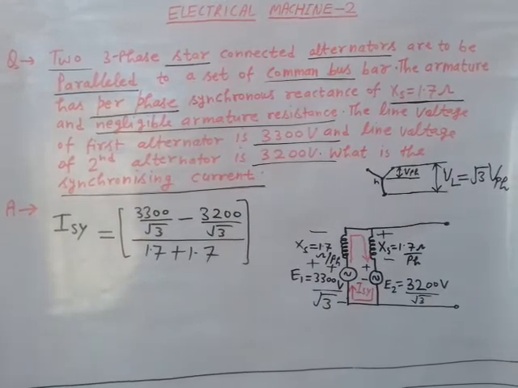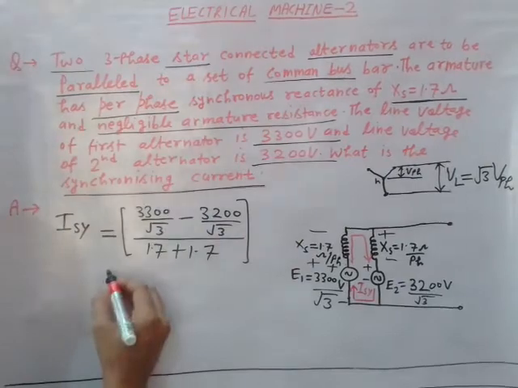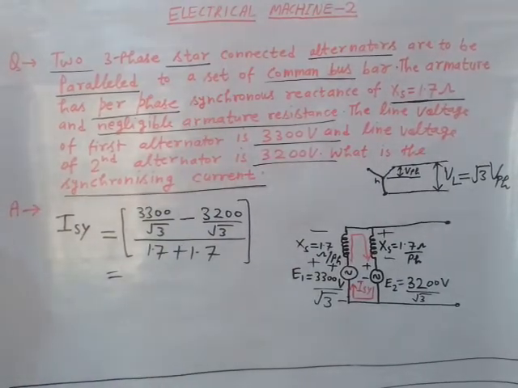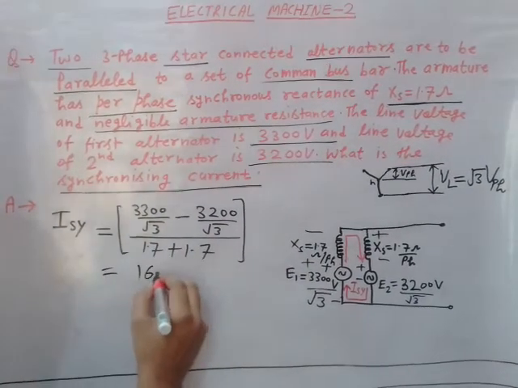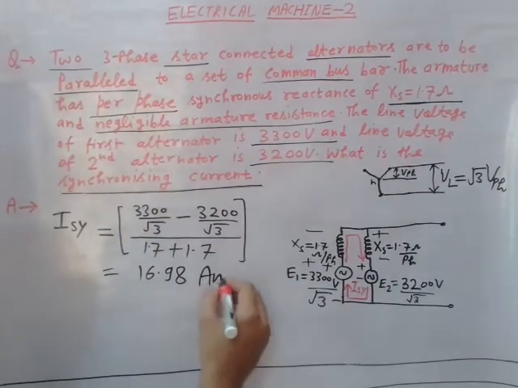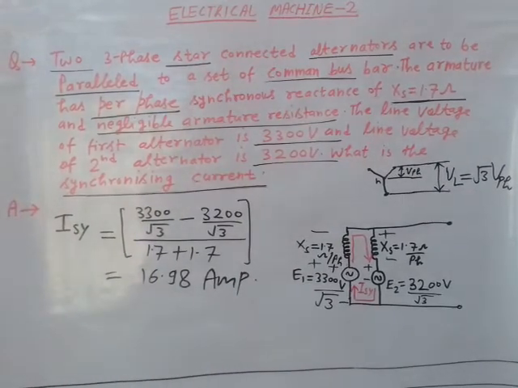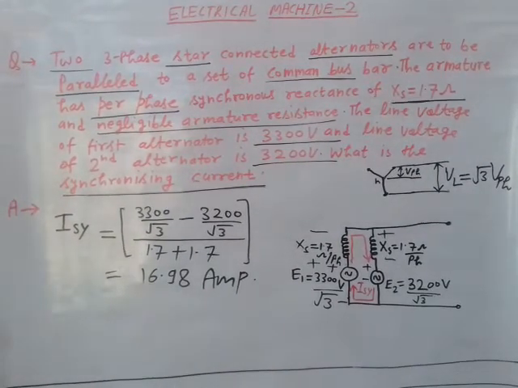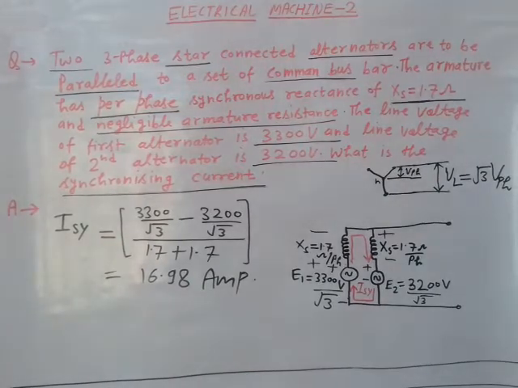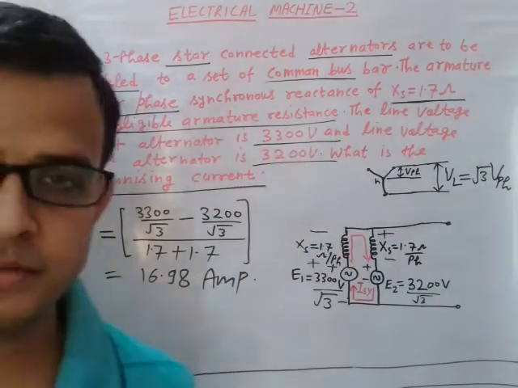When you solve this, you will get 16.98 amperes. So this is the answer. Around 17 ampere current would be the synchronizing current for these two alternators.